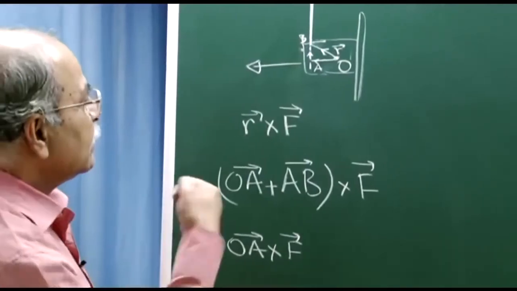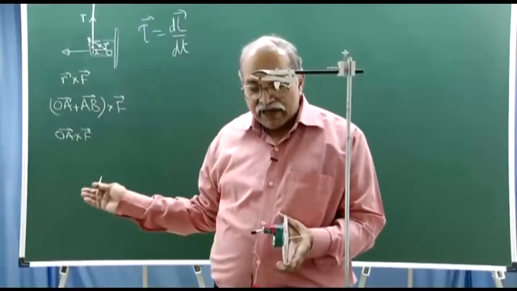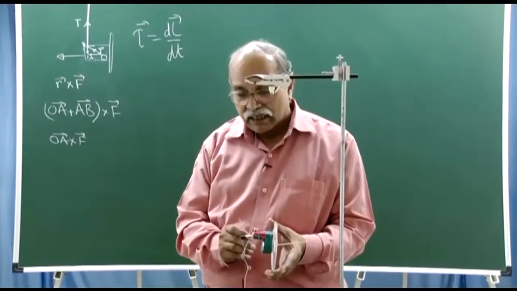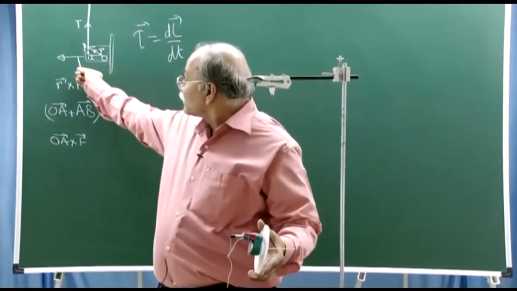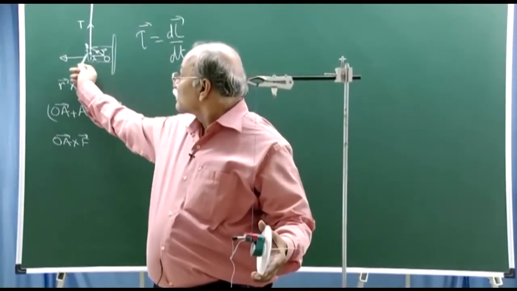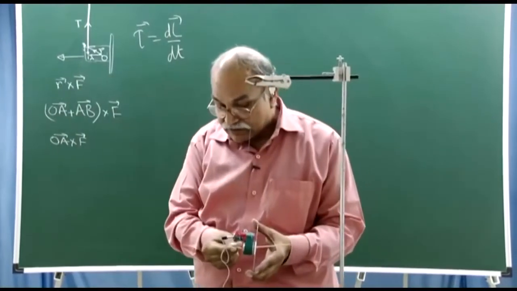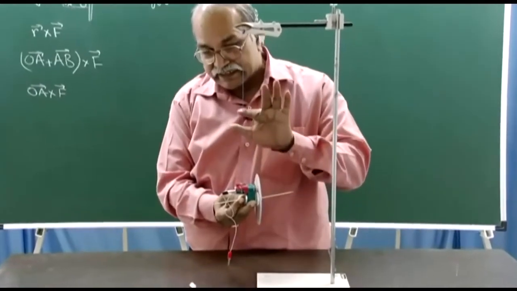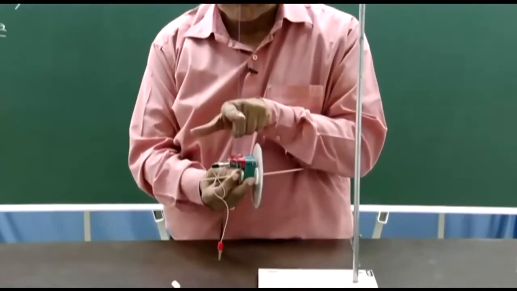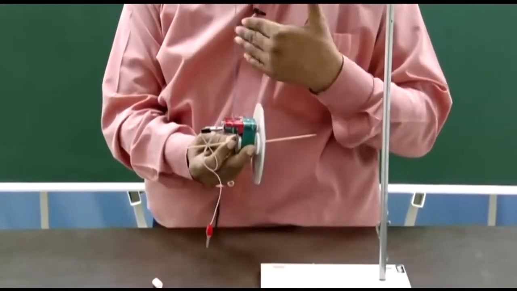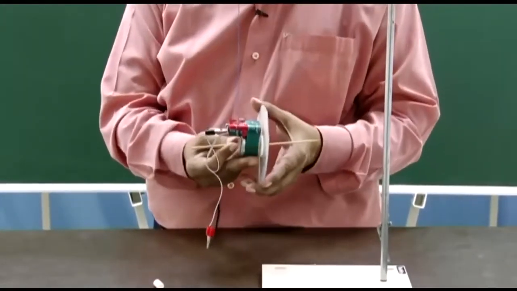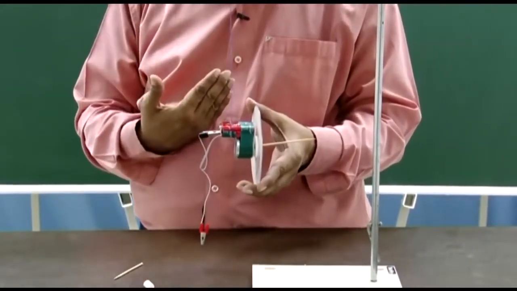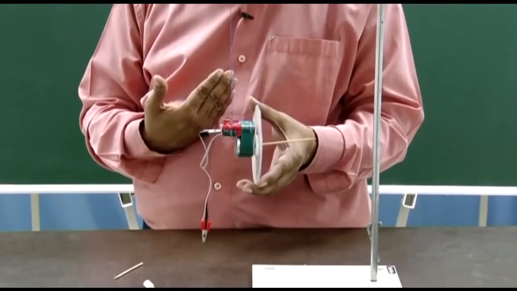If I look at it on the system, this vector R, or this OA vector, is like this toothpick here, and the force vector, the tension, is here. So R cross F will be towards me. So torque is towards me, and the change in angular momentum should be towards me, because torque is dL/dt.